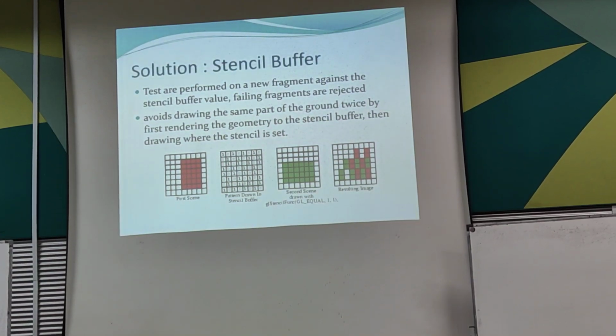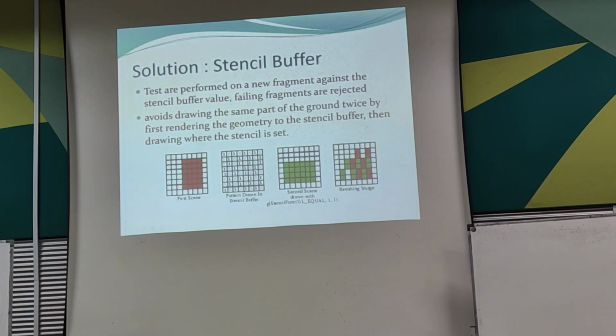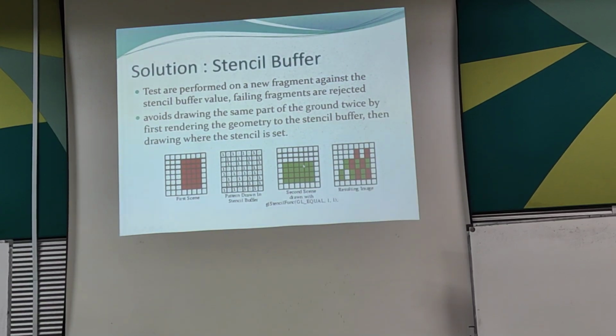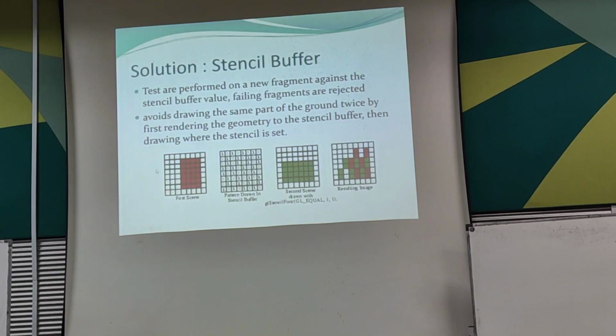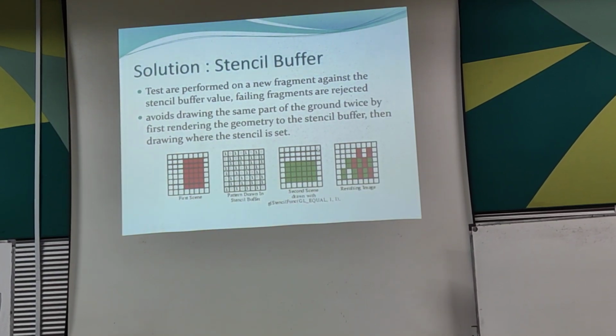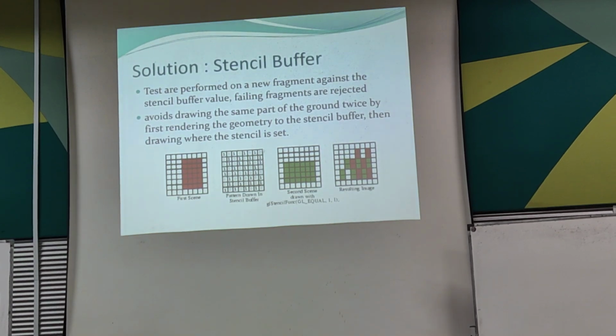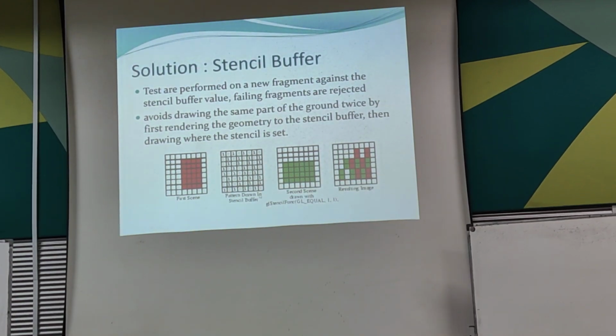So for example, your pattern is only 0 and 1. You have your first scene or first polygon, and then your second polygon. Just think of this one as your shadow polygon and this one as your blend polygon. You test on the stencil buffer.